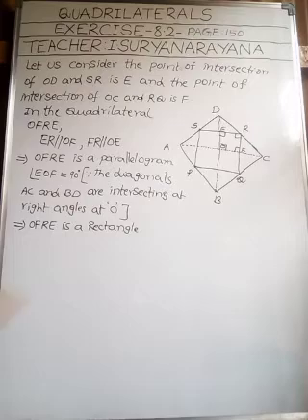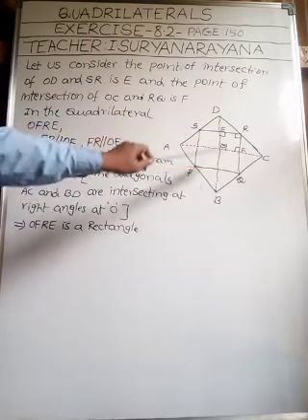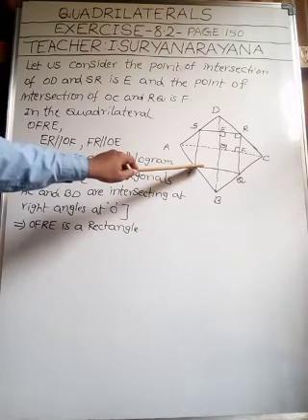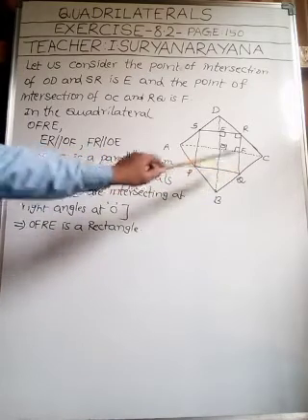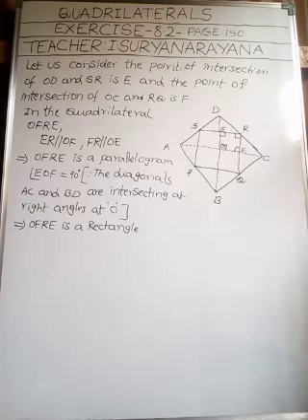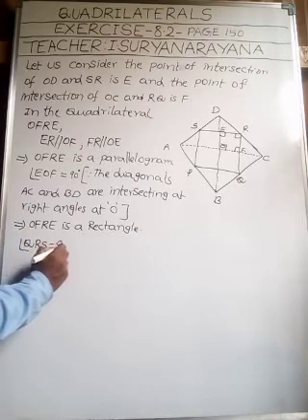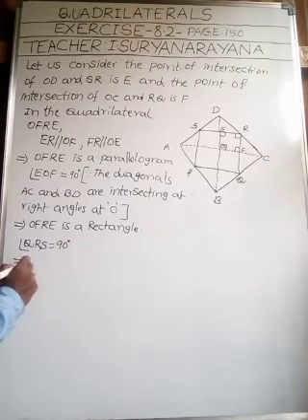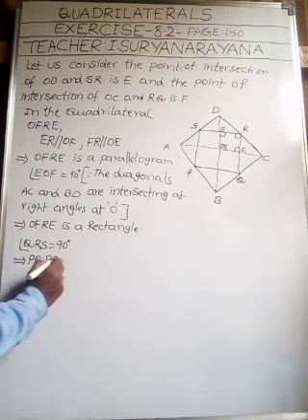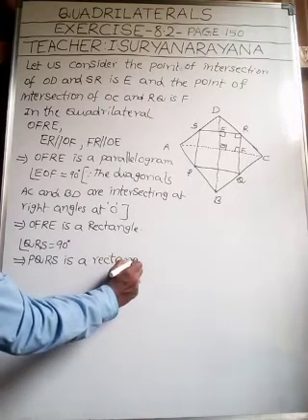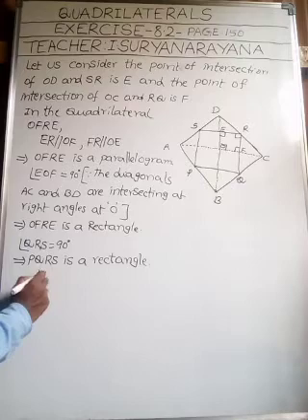So opposite angles of a parallelogram are also 90, and all the angles of the parallelogram are 90. Angle QRS is equal to 90 degrees. This implies PQRS is a rectangle. Hence proved.